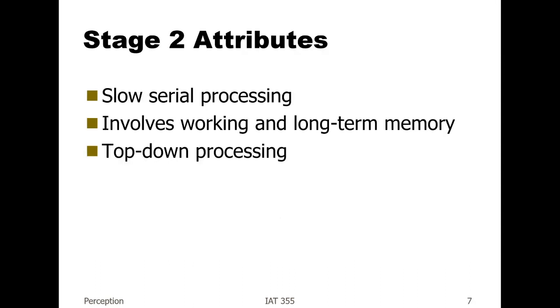Stage 2 attributes are, as I've mentioned earlier, slow and serial. The reason it's slow and serial is that it involves working memory and long-term memory. What goes on there is what you might call top-down processing. That is to say, the top is your conscious mind saying, I want to look at this, I want to interact with that, and it is driving what part of stage 2 is attending to the information coming from stage 1.